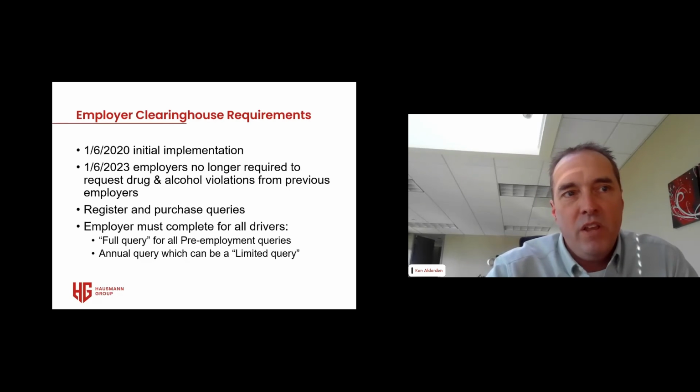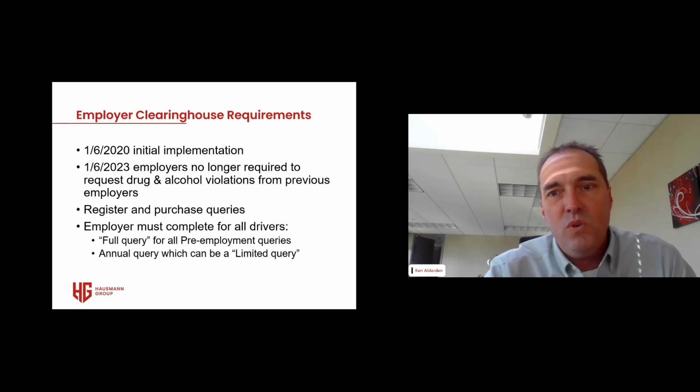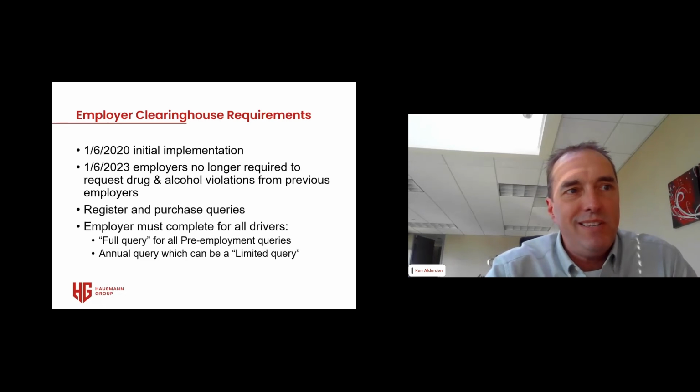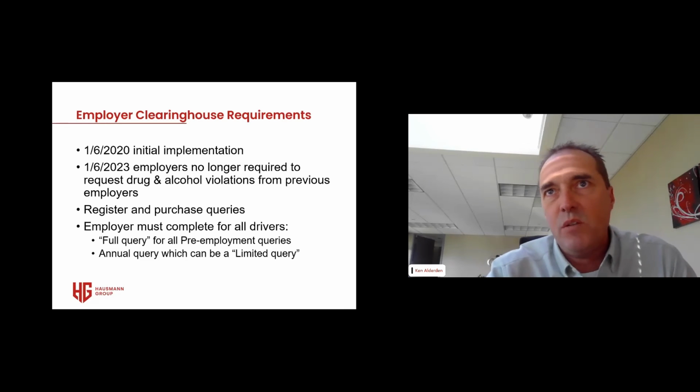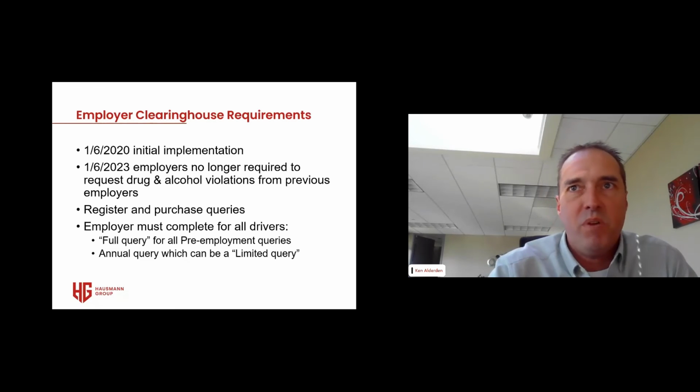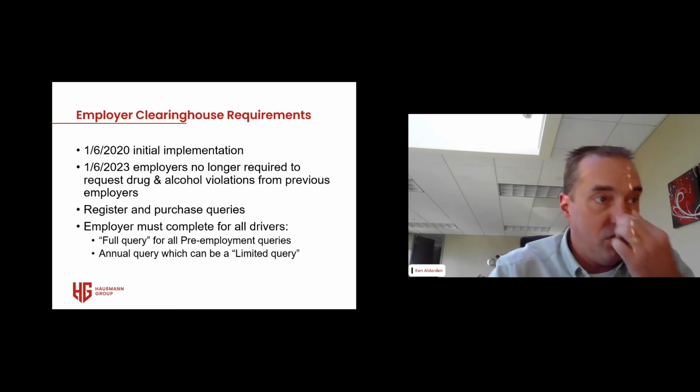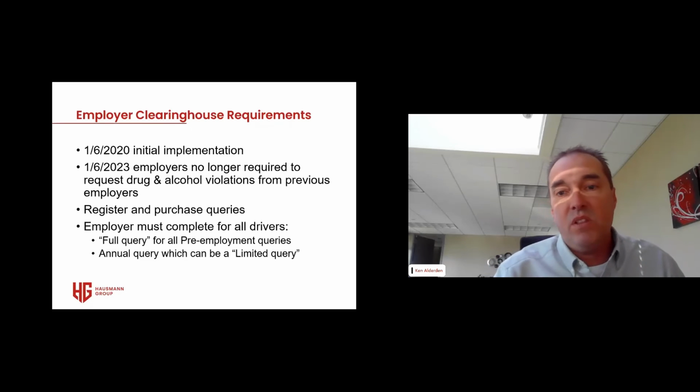The limited query, in theory, once they've been driving for you, really only adds any new data that you added to it as a carrier. So you shouldn't need to do that, but it's kind of a check to make sure that they didn't have something that popped up because they moonlighted on a second job or something. So it gives you access to the information that happened in the last year. That can be a limited query, which is cheaper, obviously.